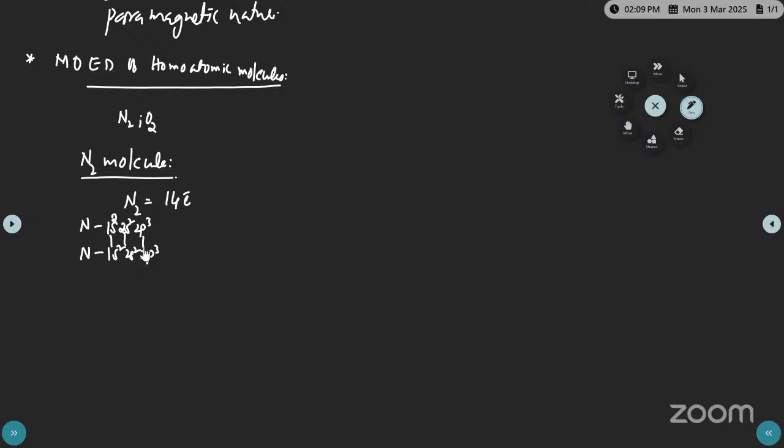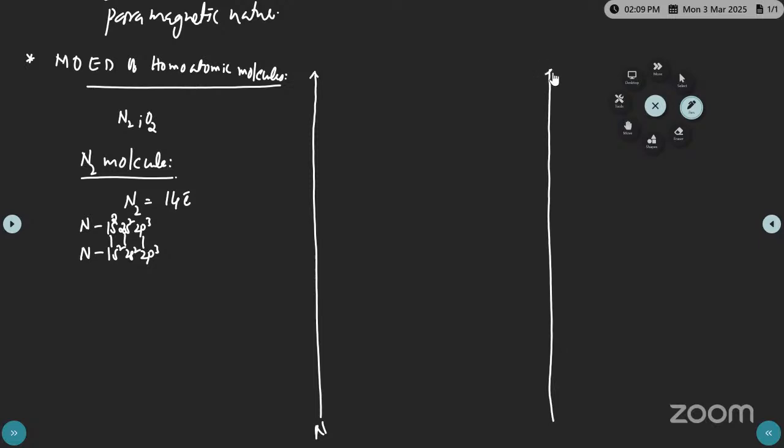This is the energy line of one nitrogen atom, and this is the energy line of the second nitrogen atom. First, 1s2 and 1s2. The 1s2 atomic orbital of one nitrogen combines with the 1s2 atomic orbital of the second nitrogen.